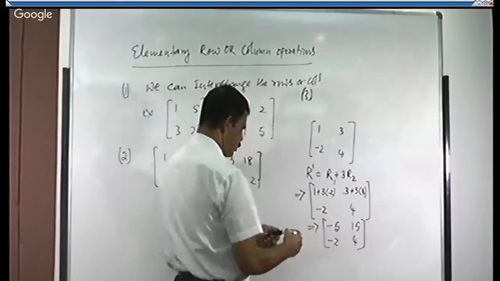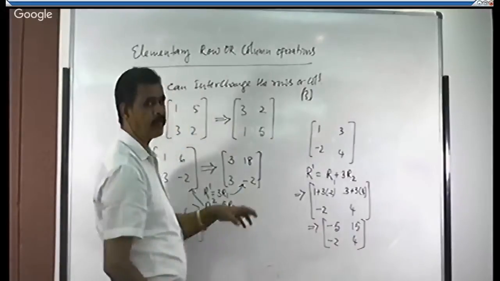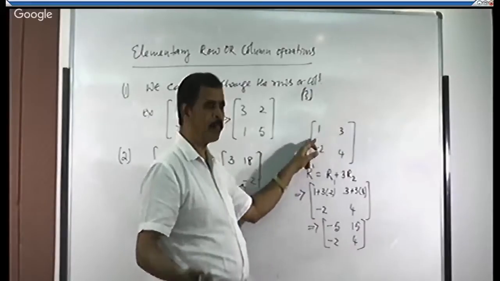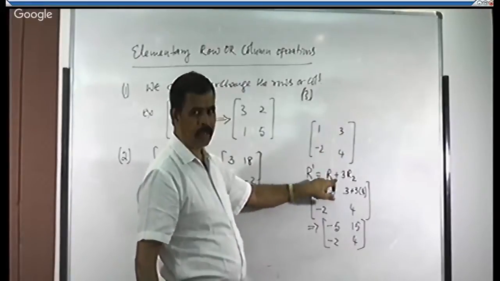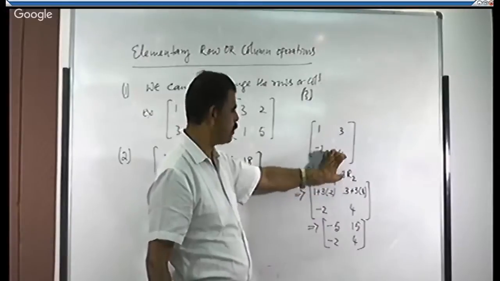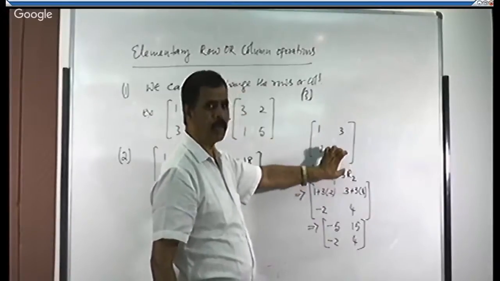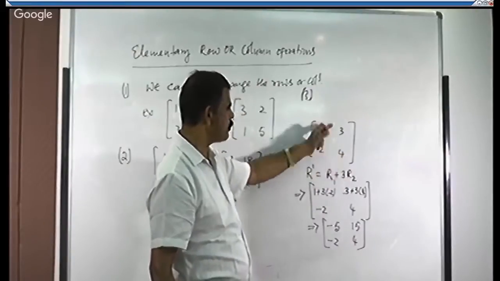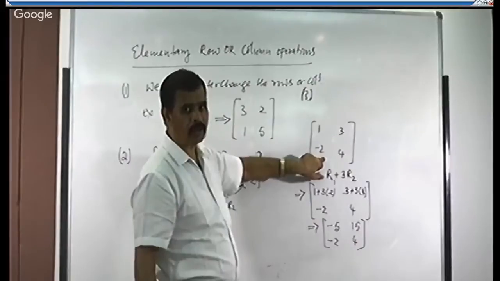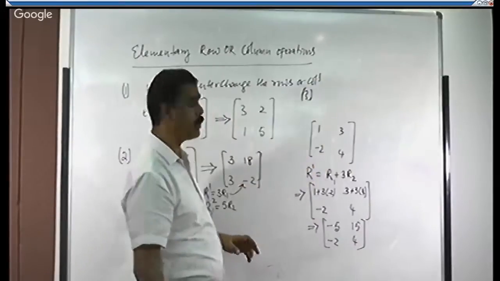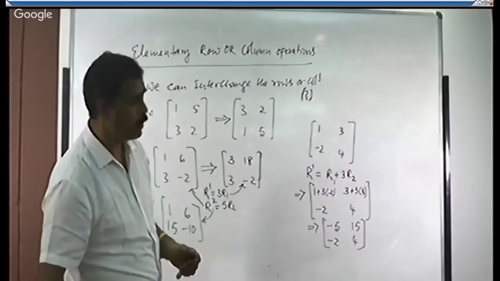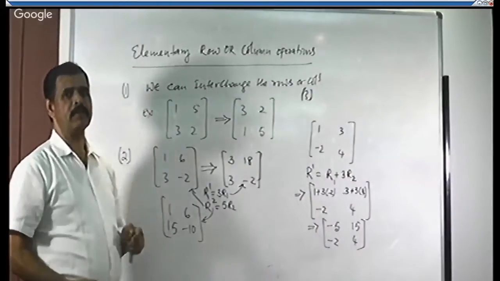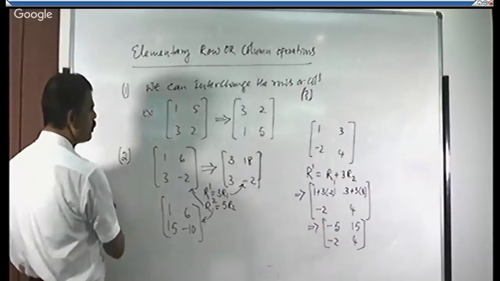So like that, the third operation is all the elements of a row or a column can be added with a constant non-zero element multiplied with the corresponding elements of the other row or other column. These are some of the operations we use in solving the simultaneous equations by Gauss elimination method.